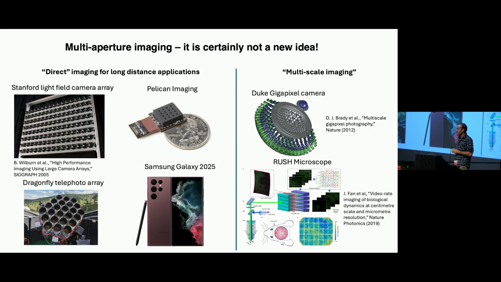Maybe some in this room have experience with that startup that was creating small arrays for smartphones. Arrays are used in astronomy, and they're in our pockets. And then there are these multi-scale lens designs where you can have primary optics in front of arrays. And I'll show a couple examples of that.